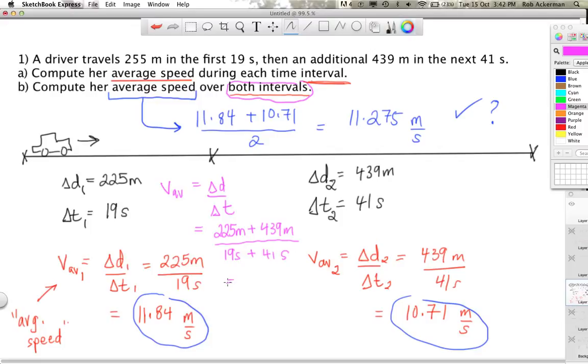So I'm going to add this up, 225 plus 439, that gives me 664 meters. And of course 19 and 41 seconds is 60 seconds.